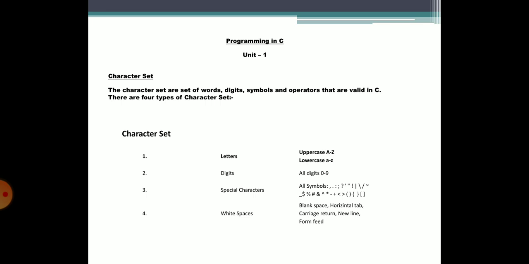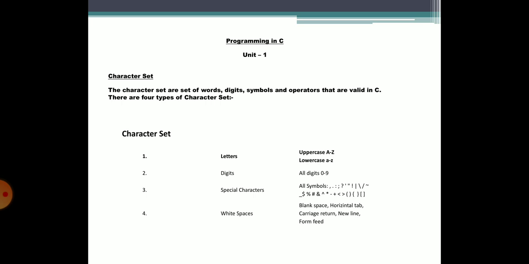character set in C. The characters in C are grouped as letters, digits, special characters, and white spaces. The character set is a set of letters, digits, symbols, and operators that can be used in a programming language.